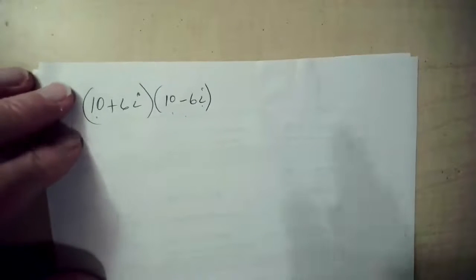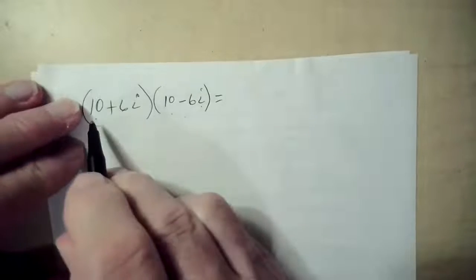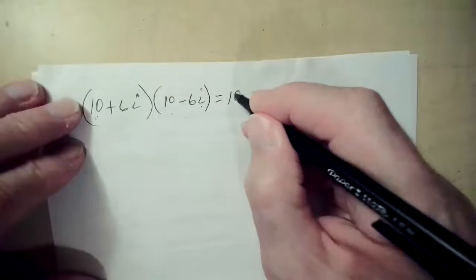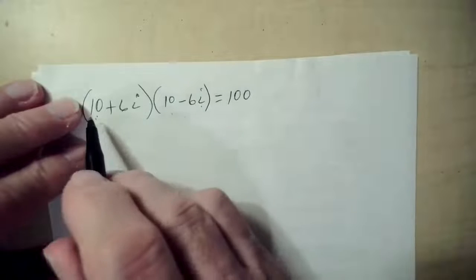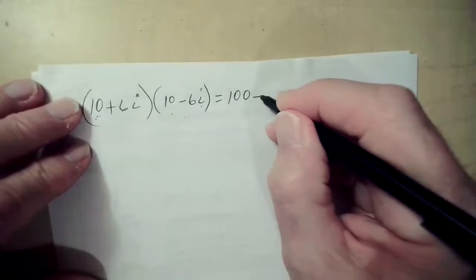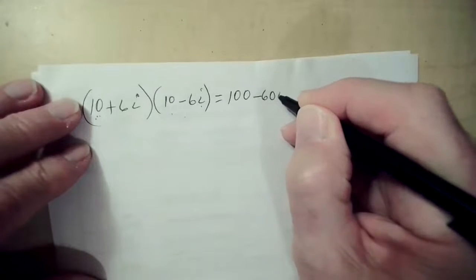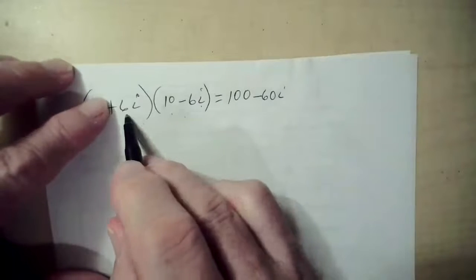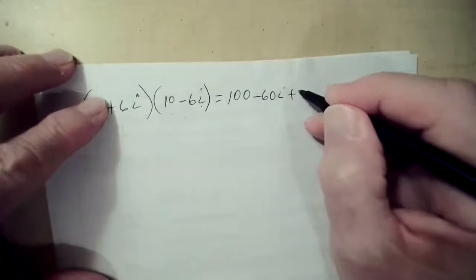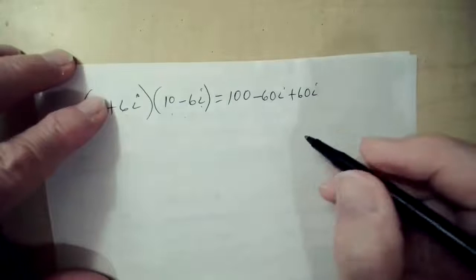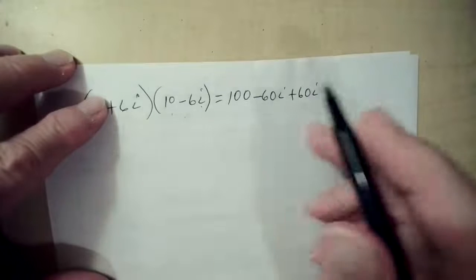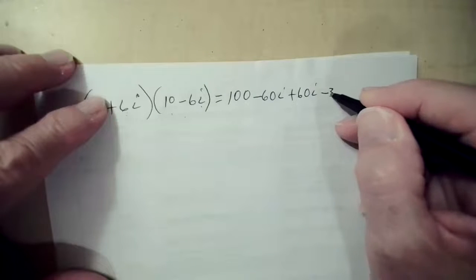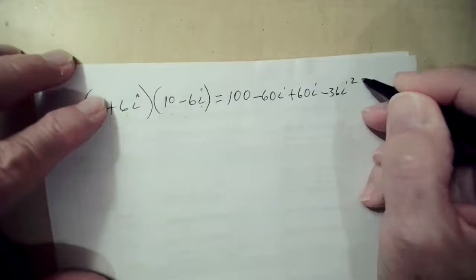You just do the first numbers and the second numbers, because the middle two numbers, the linear terms, will cancel. So 10 times 10 is 100, as we say in North Katy. And 10 times negative 6i is negative 60i. 6i times 10 is a positive 60i.